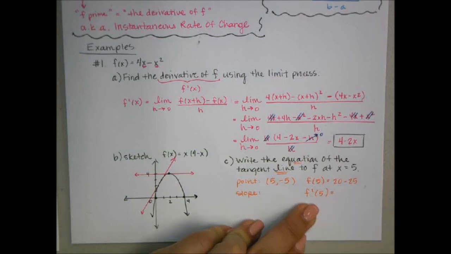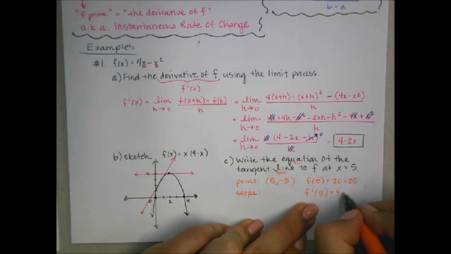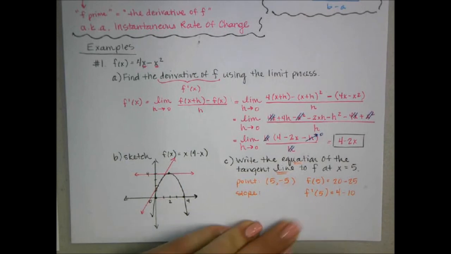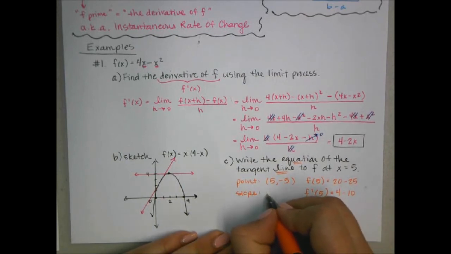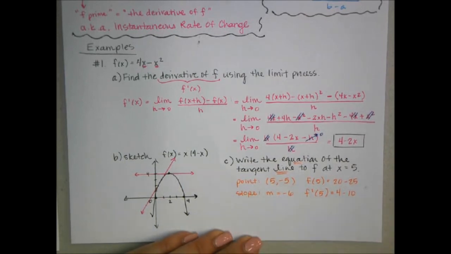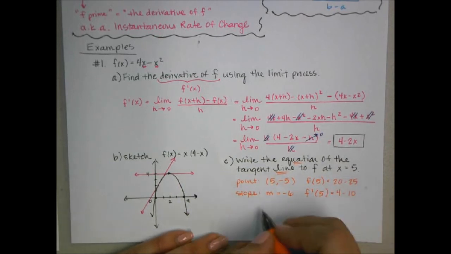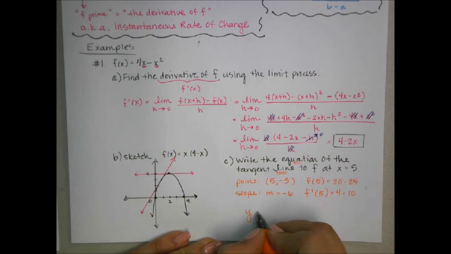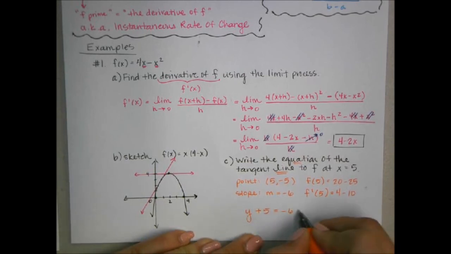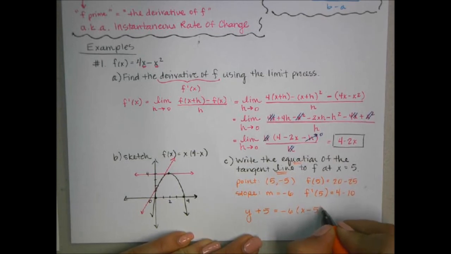So I'm going to get 4 minus 10, which is negative 6. And that's all I need to write the equation of a line, a point and my slope. So y minus negative 5 equal to negative 6 times x minus 5.